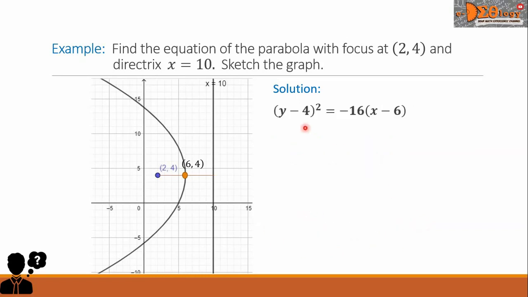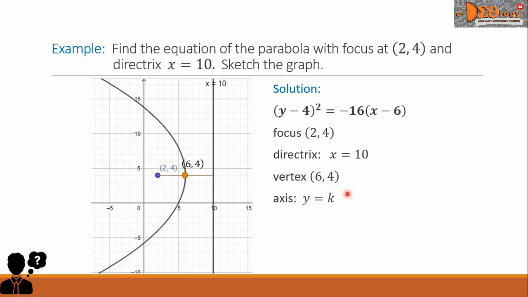Let us write again the given of the problem, and that is the focus at (2, 4) and the directrix with equation x equals 10. A while ago, we were able to write the vertex at (6, 4). Now, let us find the axis, and the formula is y equals k.